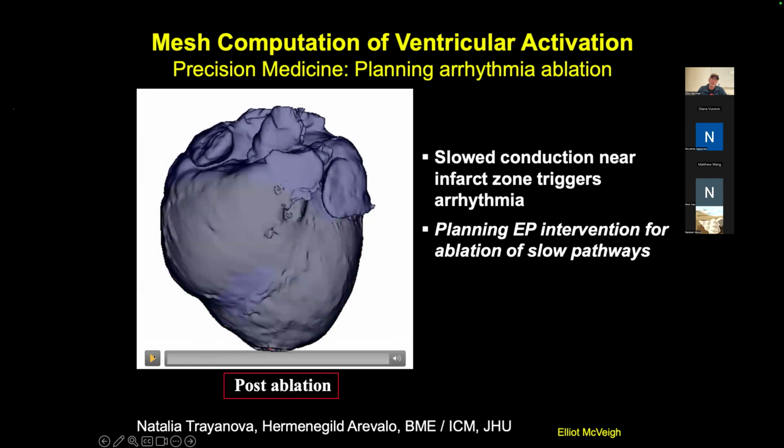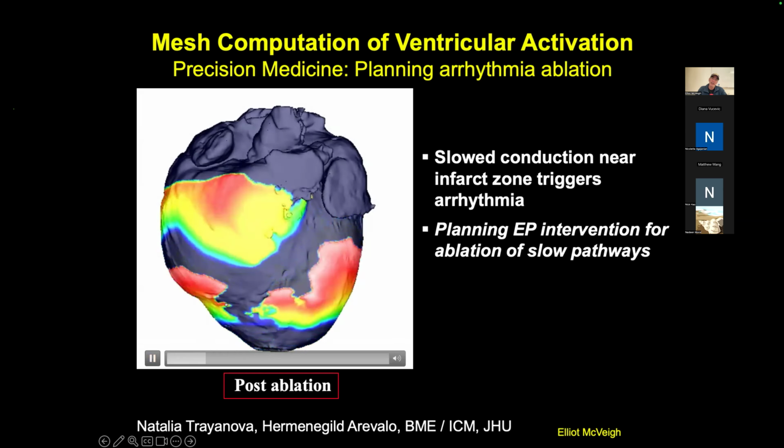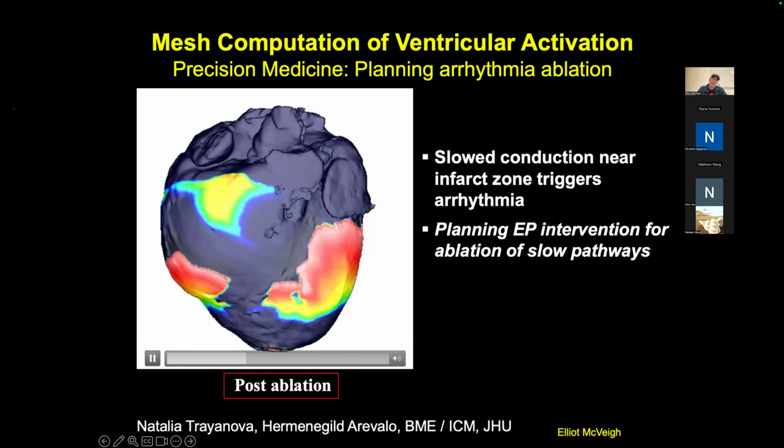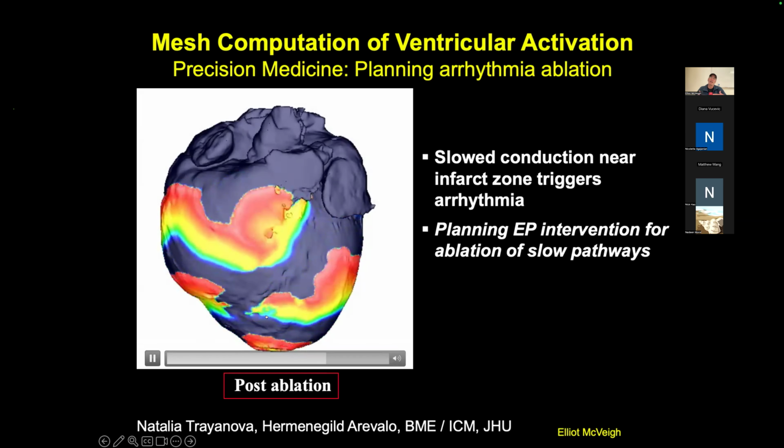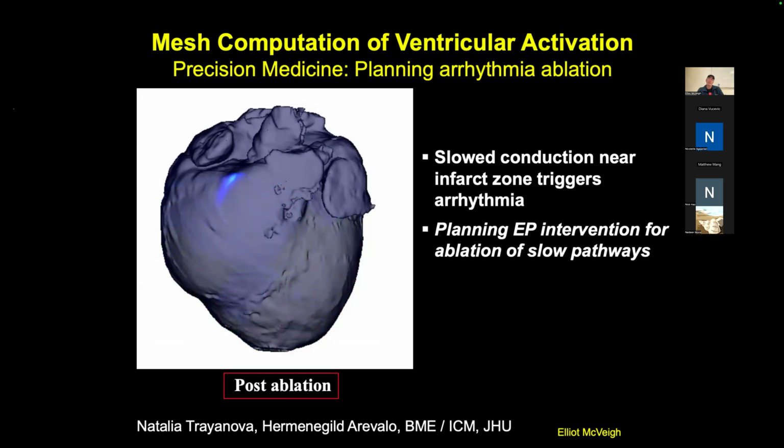So post-ablation, this is what it looks like. So now you have the infarct completely removed because we've ablated it. And under those same conditions to try and induce an arrhythmia, it's impossible to induce that arrhythmia. So this heart is more stable than it was prior to the ablation. And so this is now a commercial product.